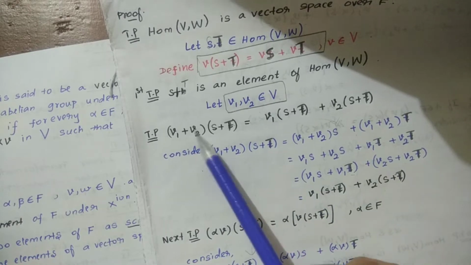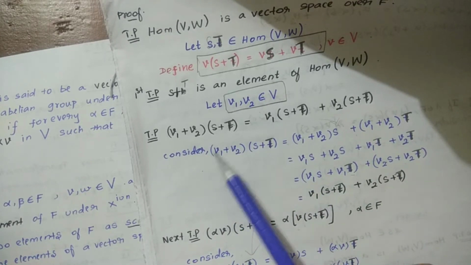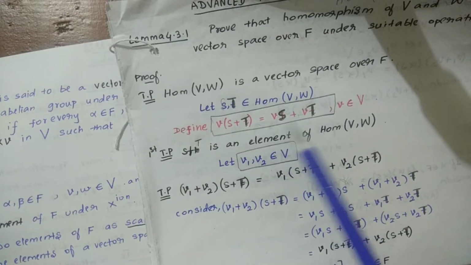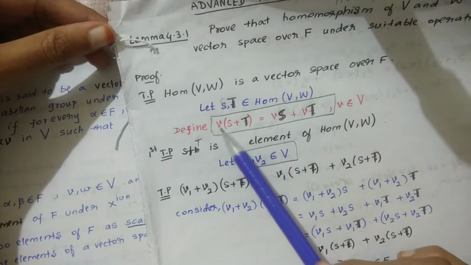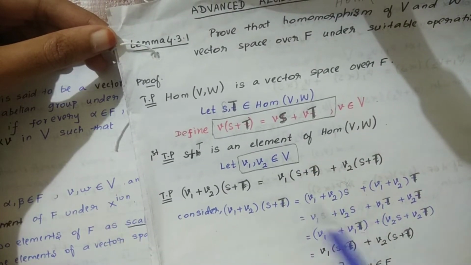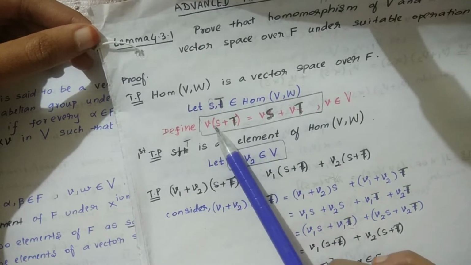Consider V1 plus V2 of S plus T, which is equal to, writing this in this format, in the place of V we have V1 plus V2, so write V1 plus V2 into S, first element.